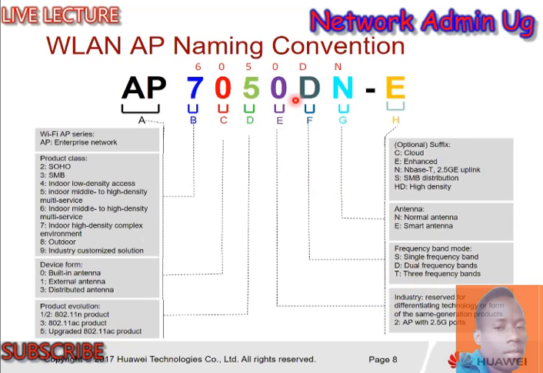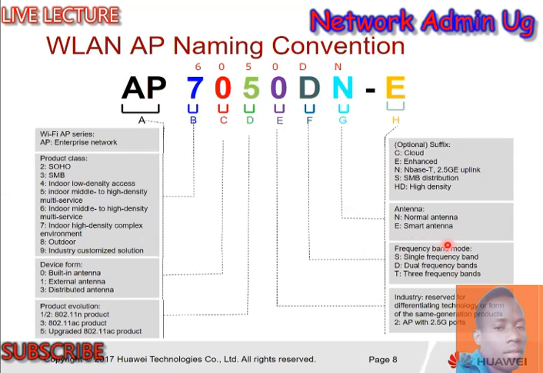Then the D signifies which frequency band it supports. Mainly if it's a dual frequency band, or 3 frequency bands, or a single frequency band. Mainly, it is advisable that you get an access point that supports dual frequency band or trio, the 3 frequency bands.